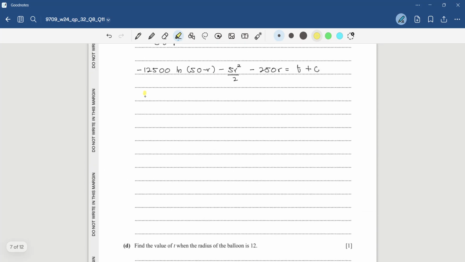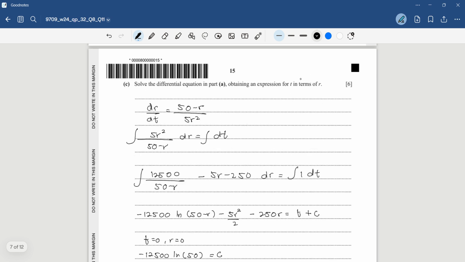Okay. So when t equals 0, r equals 0, therefore negative 12500 ln 50 minus 0 minus 0. So this will be 0, and 0 is equivalent to c. Therefore, since the question asks for t in terms of r, I just rewrite.